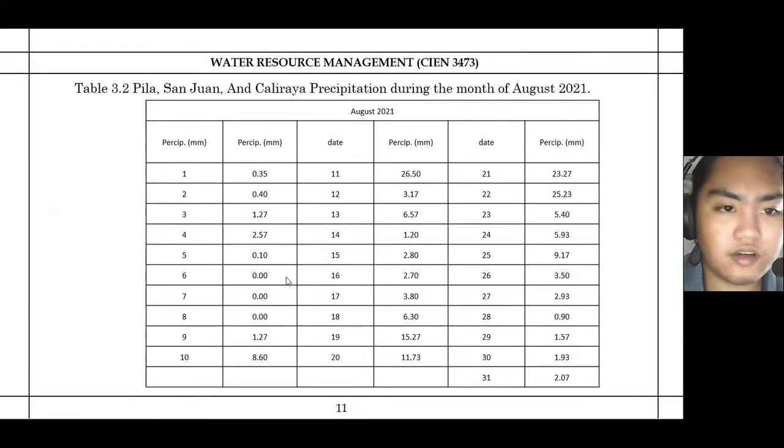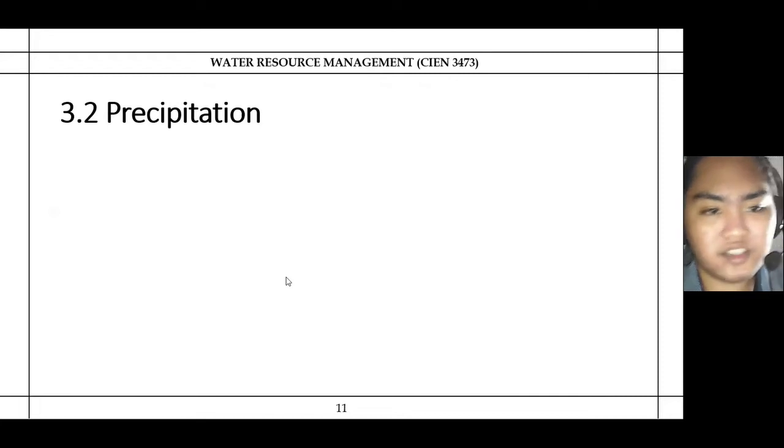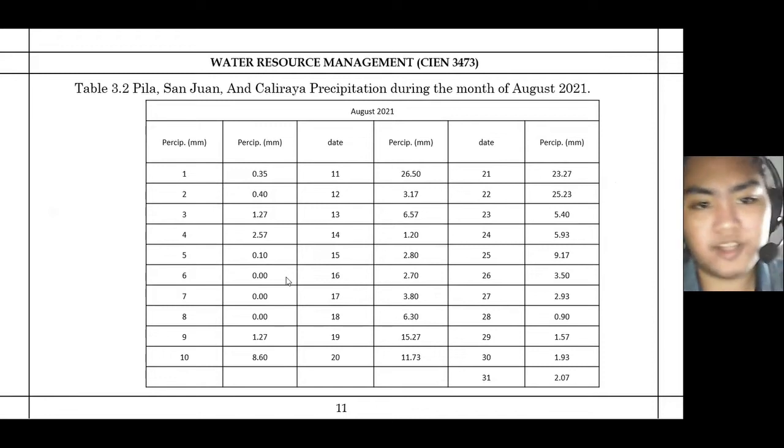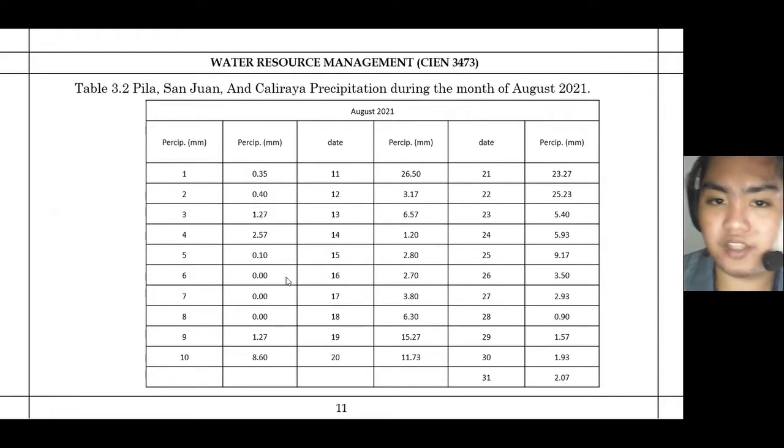Precipitation. Precipitation data were obtained from World Weather Online. Table 3.2, Pila, San Juan, and Caliraya precipitation during the month of August 2021.